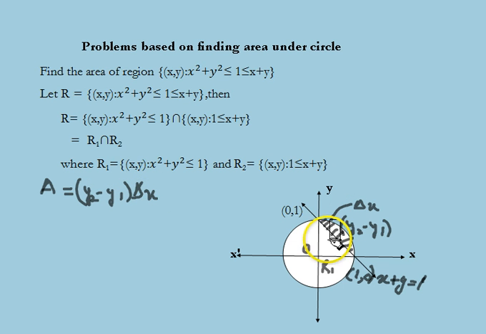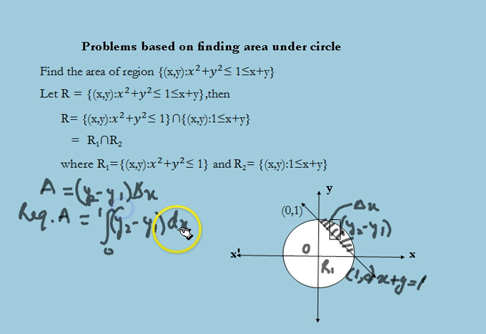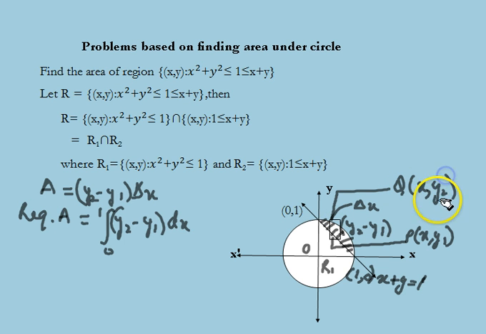Now since the approximating rectangle can move from x equal to 0 to 1, we have the required area equal to the integral from 0 to 1 of (y2 minus y1) dx. Now point P, which lies here, has the coordinates (x, y1) and point Q, lying here, has the coordinates (x, y2).